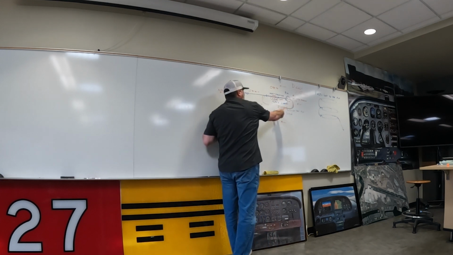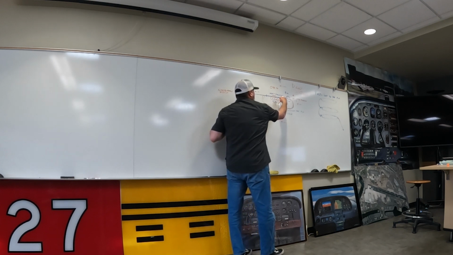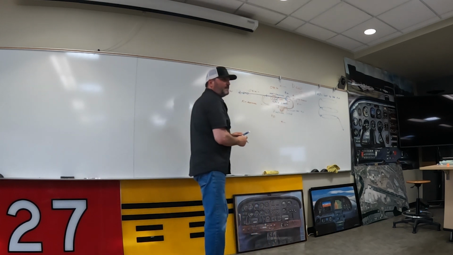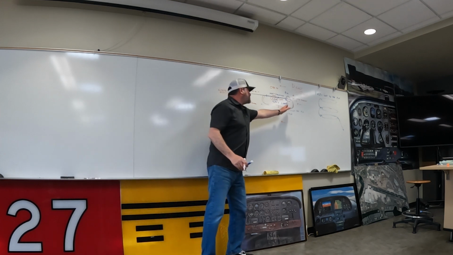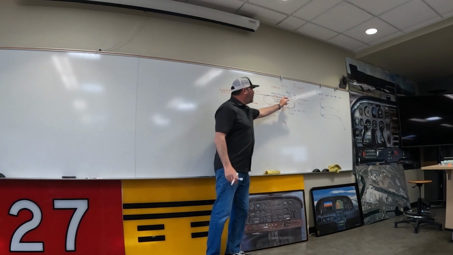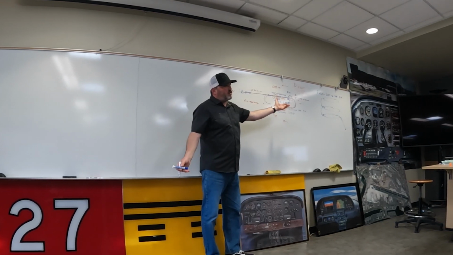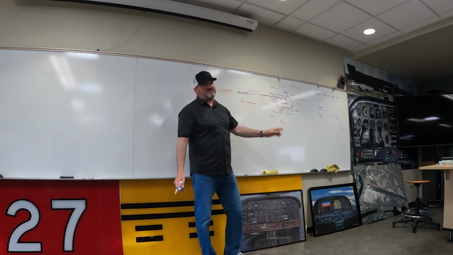On the holding side, I'm going to make the adjustment to make the inbound leg 1 minute. So I would extend this by 20 seconds. I'd fly 1 minute and 20. I'd turn inbound and hopefully make that 1 minute inbound. That's a standard hold. That's a direct entry into a standard hold.